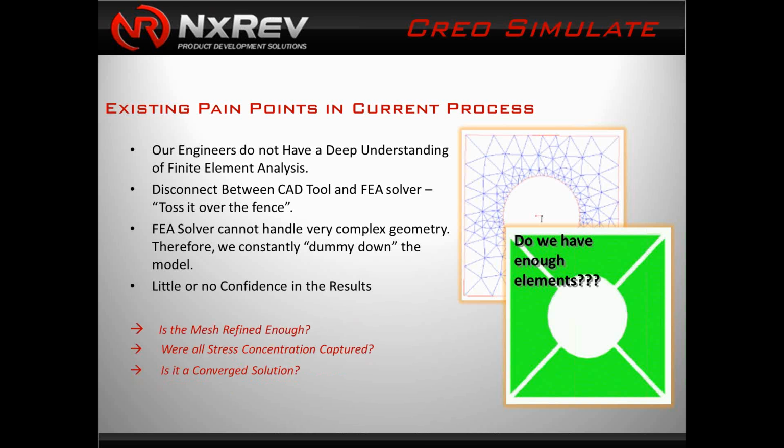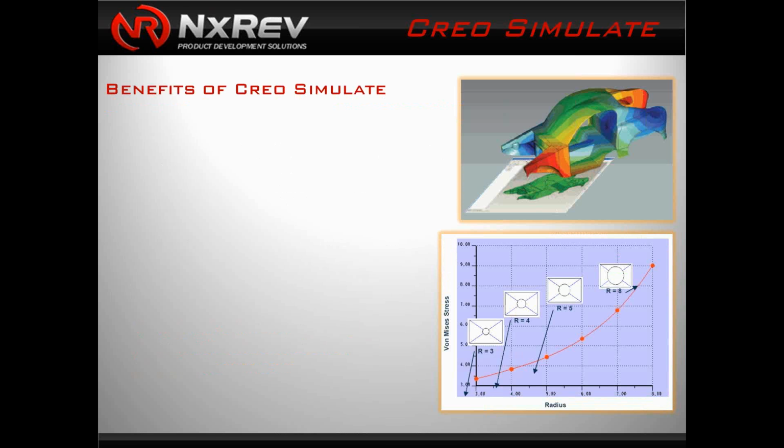On top of that, if an engineer who is not used to an FEA tool has completed an analysis, the question of competence comes into play. Was it meshed well enough? Did it actually converge? Are the resulting stresses accurate? Creo is not going to give you these concerns.